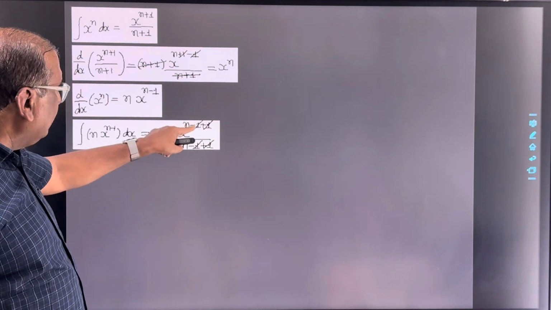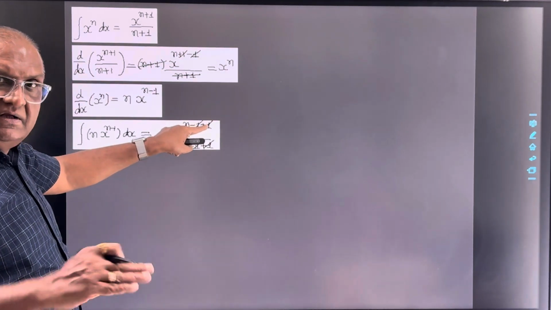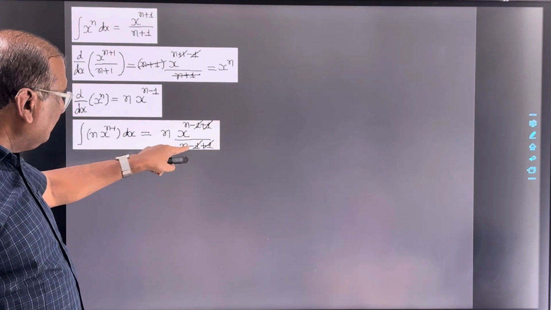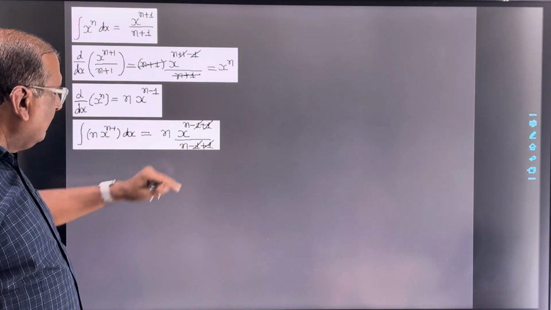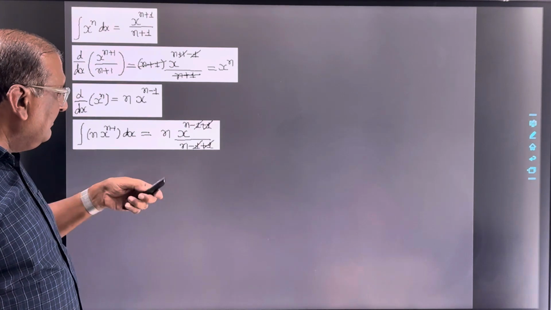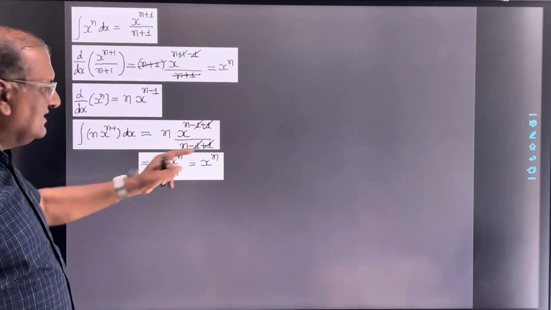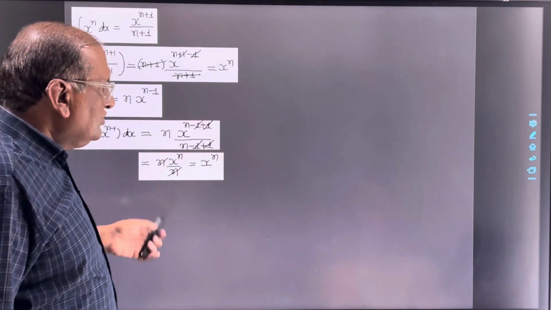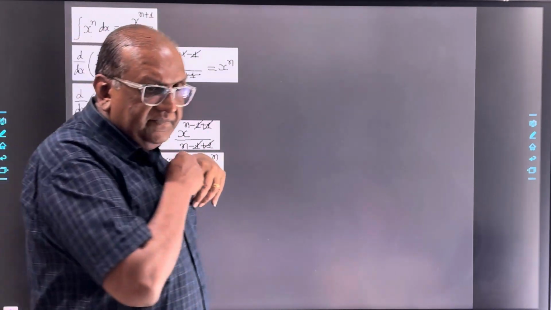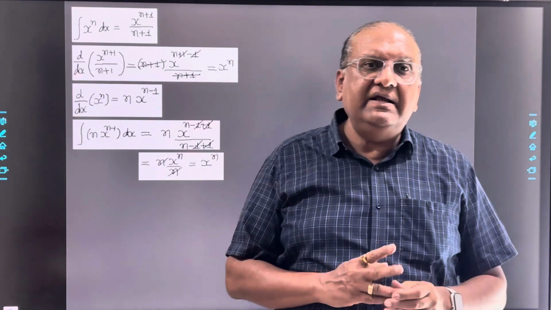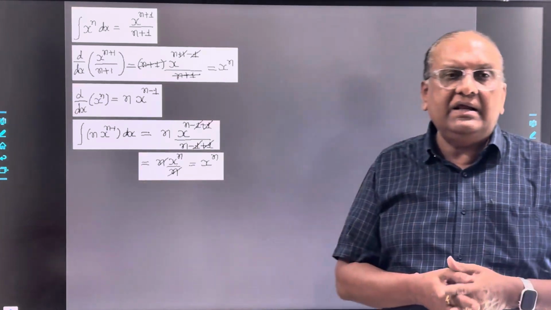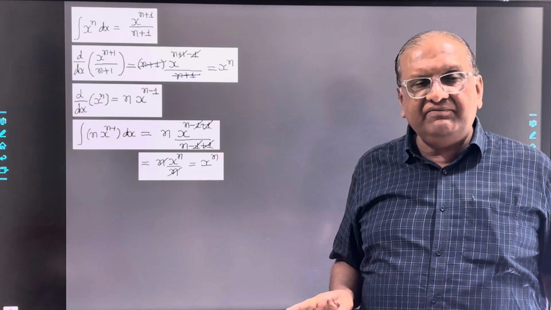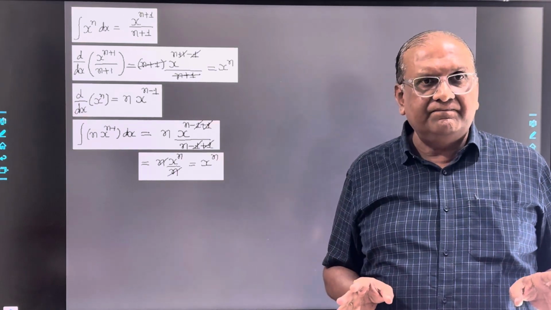So x raised to n minus 1 plus 1, the power is increased by 1. Then divide by the power that is n minus 1 plus 1. 1 cancels. This n will also cancel, and your answer will be again x raised to n. So here, see, mathematically how to carry out differentiation and integration, that we discussed.